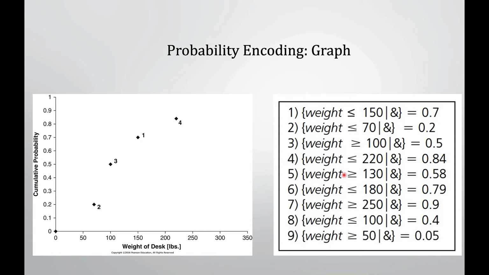The weight is less or equal to 130 pounds with a probability equal to 1 minus 0.58, which is equal to 0.42. So then you find 0.42 over here and 130 over here. So that point is roughly over here.